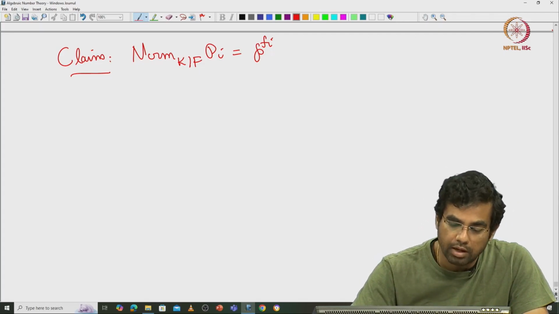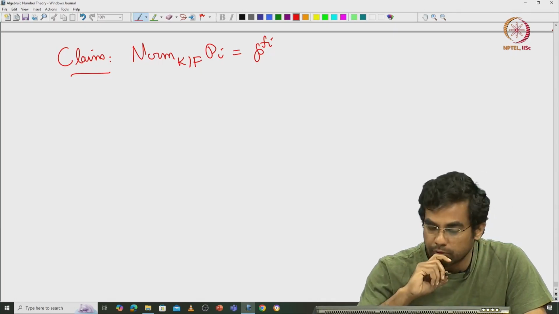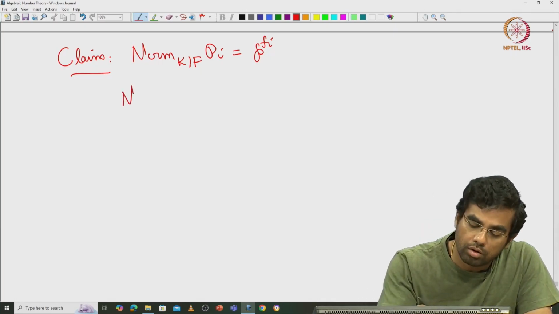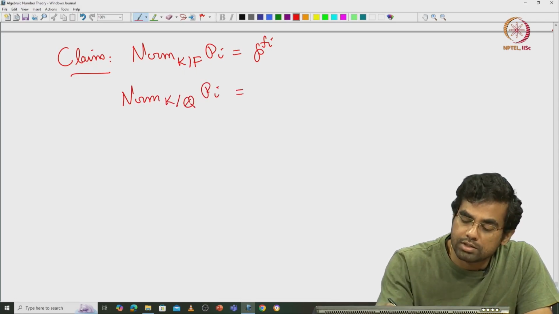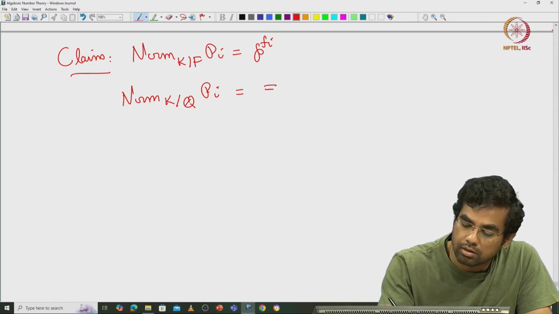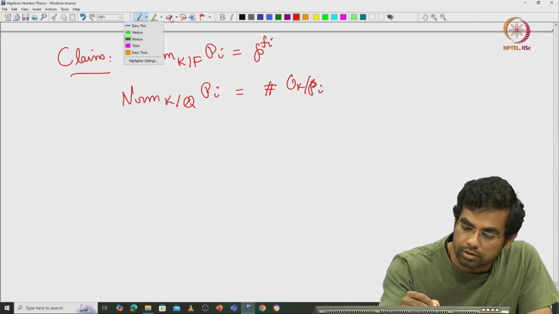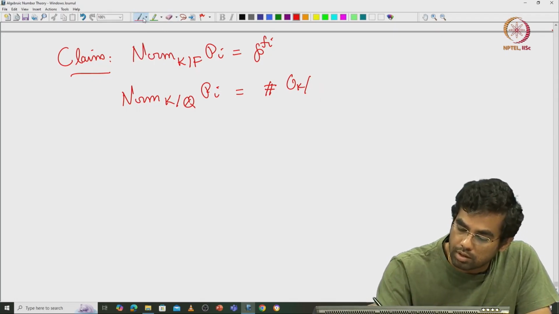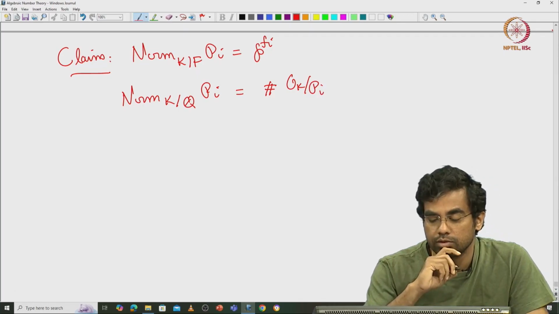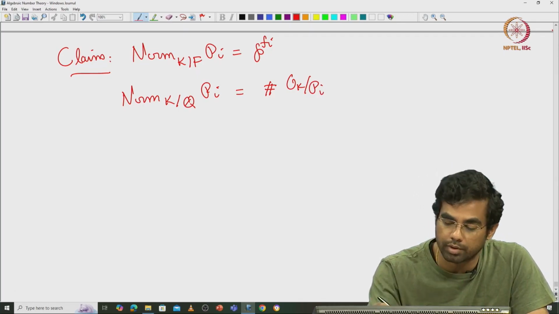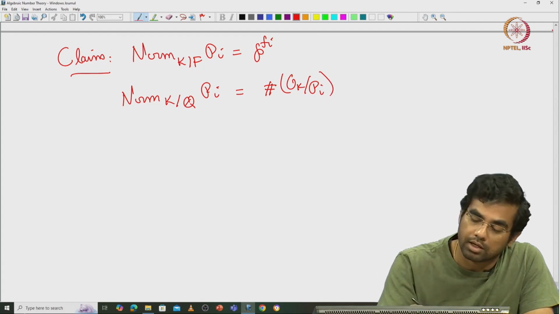To prove that claim, what I am going to do is look at the norm all the way from K to Q of P_i. And what is this? This is the number of elements in O_K mod P_i. That is the definition of this norm, the number of elements in this finite field.